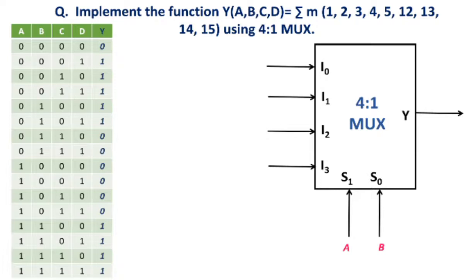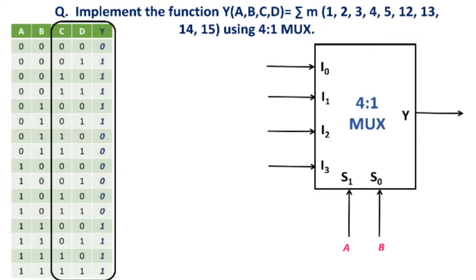So now that we are done with A and B, what we are left with is C and D, and hence our area of focus becomes the variables C and D along with the output Y. Now what we need to see is how Y varies as a function of C and D. So to make things easier, we'll further divide this into 4 groups.